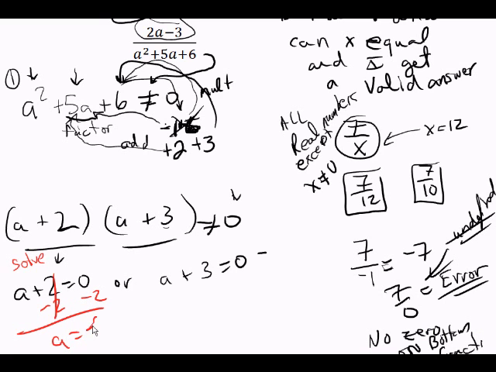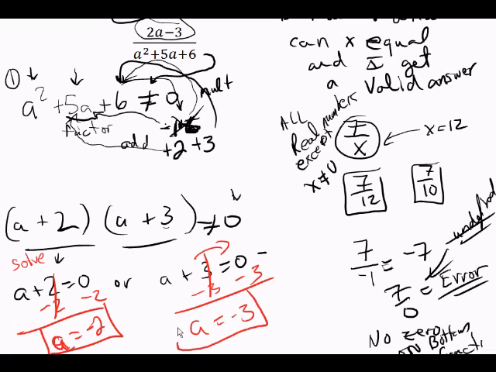Exactly, you do the opposite. Solve means get a by itself or x by itself, so I'm going to do the opposite. It's a plus 2, so I'm going to subtract 2 from both sides, and I'm left with a equals negative 2 as one answer. And here, what do I do to get the 3 to the other side? Whatever you do to one side, you do to the other. 3 minus 3 is 0. I'm left with a equals negative 3.